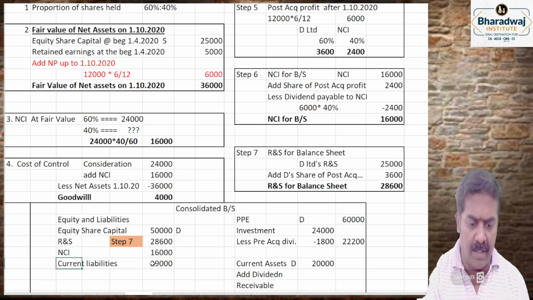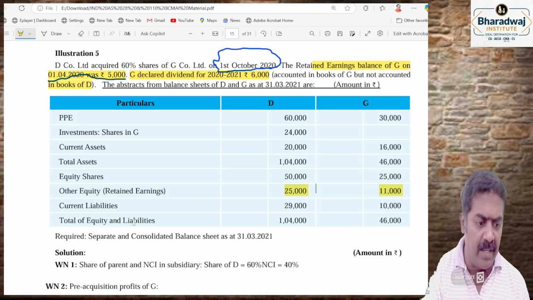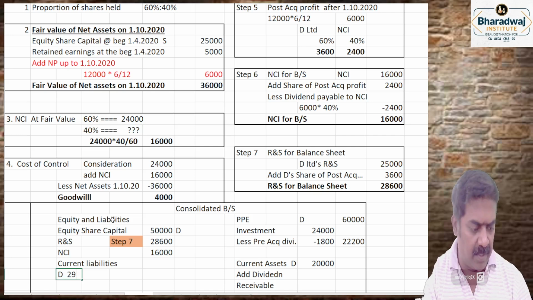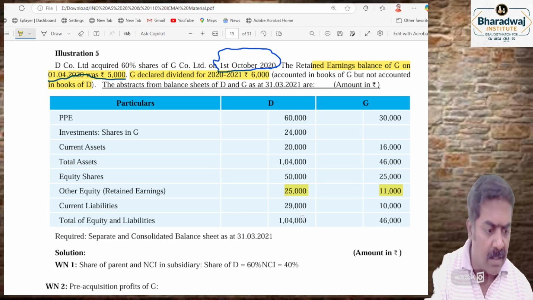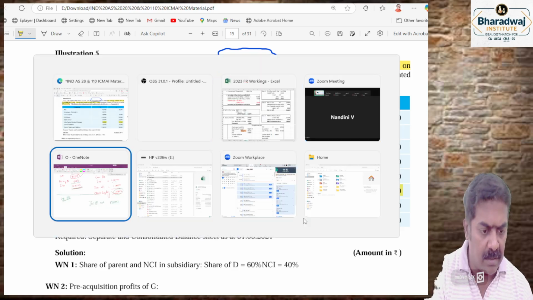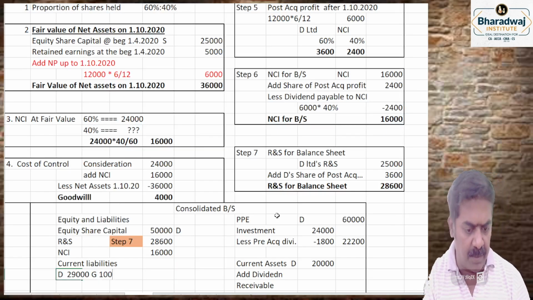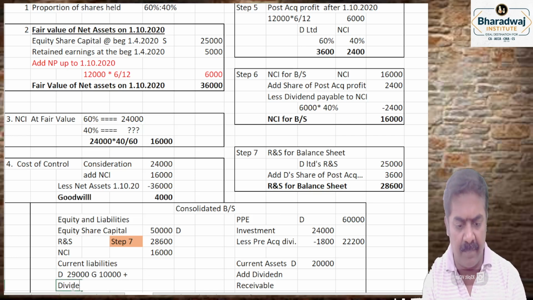16,000. Current liabilities, listen, current liability D, how much is there? Current liability D 29,000 plus G, how much? 10,000. 29,000 plus 10,000 plus dividend payable to NCA, not 6,000, 2,400. That also you can include.